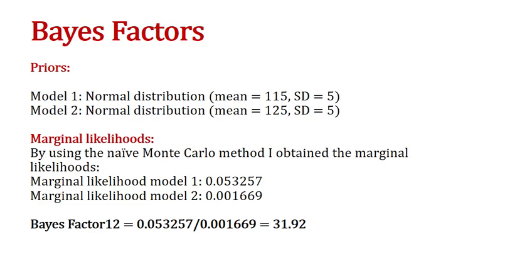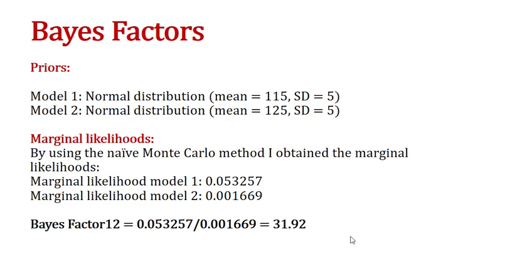Again, I needed to use an algorithm called naive Monte Carlo in order to obtain the marginal likelihood. Here are the marginal likelihoods: 0.053257 for model 1, 0.01669 for model 2. So the Bayes factor is the ratio of the marginal likelihoods, and you can see here that it is 31.92.